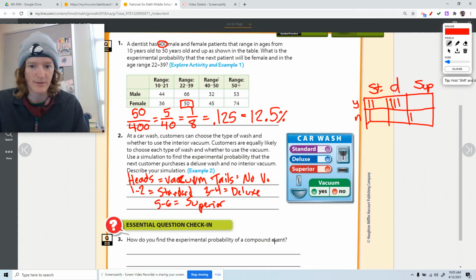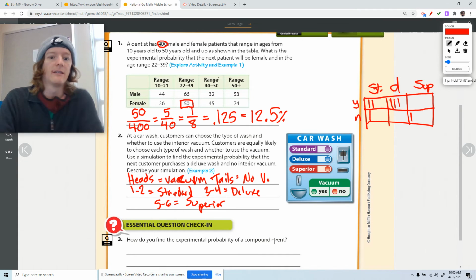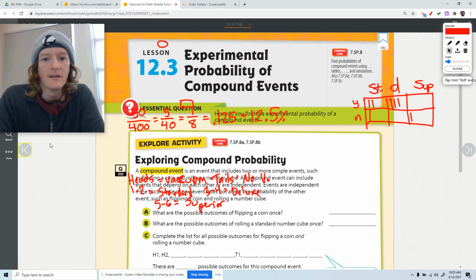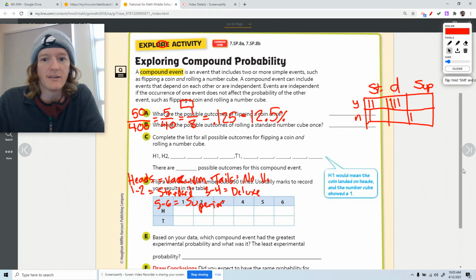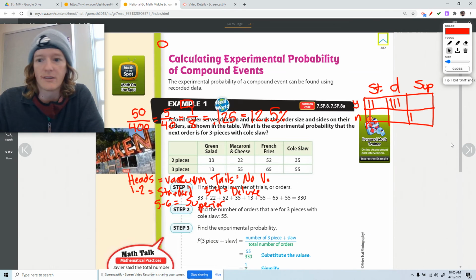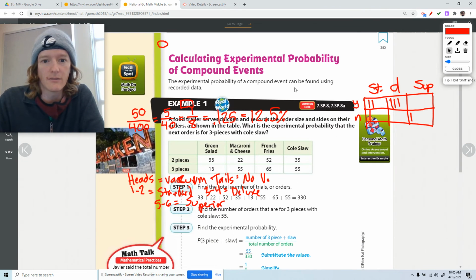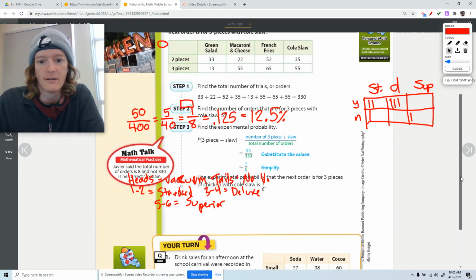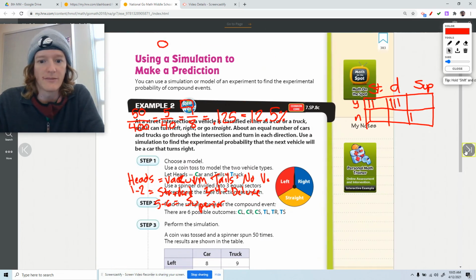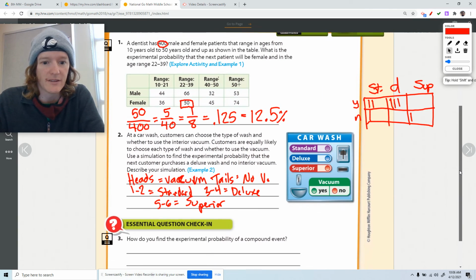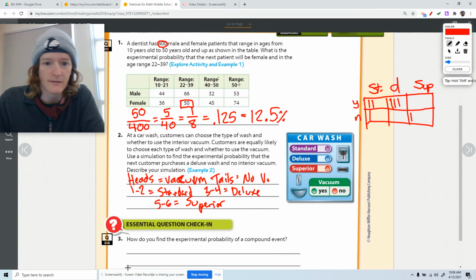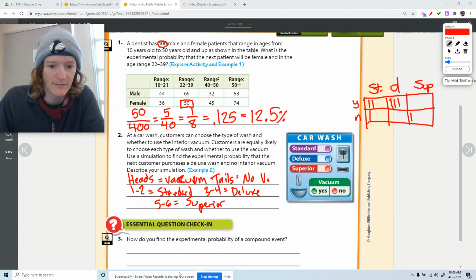How do you find the experimental probability of a compound event? Well, let's see what the book said. Let's use their words because I like their words. To find the experimental probability of a compound event, maybe they didn't give us words. Here, using recorded data. All right, they didn't give us vocab for this, so let's go ahead and make up our own. We've got down here on the bottom, the experimental probability of a compound event.